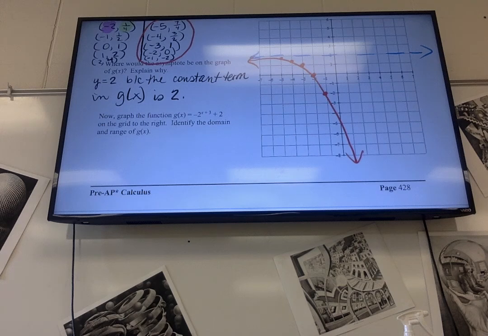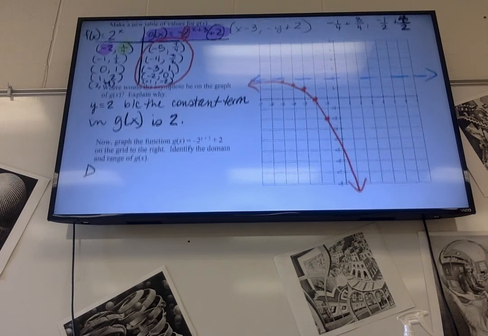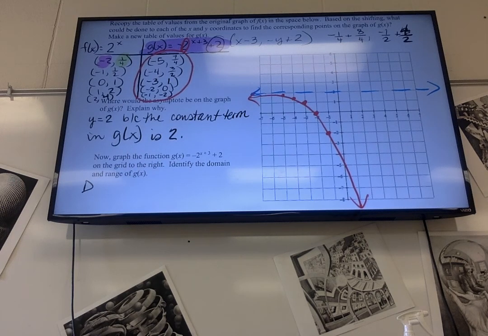Okay, domain and range. For domain, you're looking at x and you're thinking, is there anything I can't plug in for x? Or you're looking at the picture, it's going across forever. So it's negative infinity to infinity. We don't have an issue with domain on exponential functions.